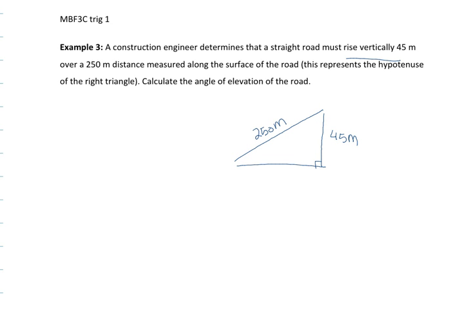Now, calculate the angle of elevation of the road. So which angle? I'm going to call this A, B, C. Which angle is the angle of elevation? Angle A, right? Because remember that an angle of elevation is the angle measured from the horizontal up.